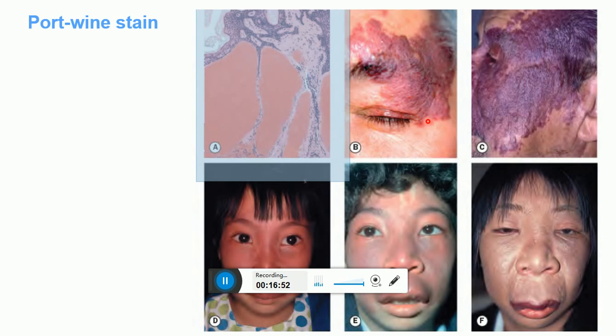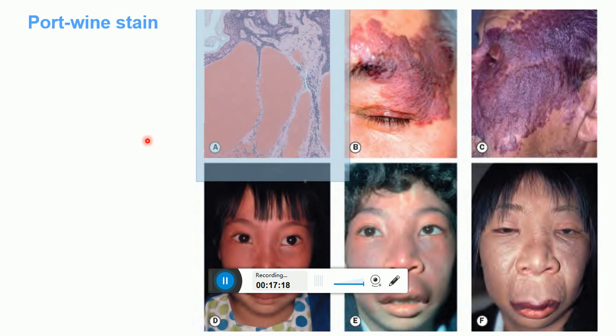Soft tissue debulking is used in a small number of cases. Another important thing is screening for glaucoma, which should begin in infancy. Another important thing is systemic investigation in some patients, particularly those with a lesion of the lumbar area.